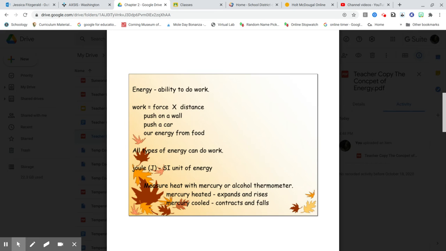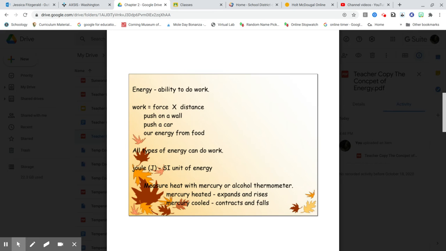If I have a car that's stuck in the mud or the snow, I push on the bumper. I'm applying a force and it's going to move some sort of distance. Whenever we digest our energy from our food, again, we're applying some sort of force so we can achieve some sort of distance. And remember that all types of energy have the ability to do work.